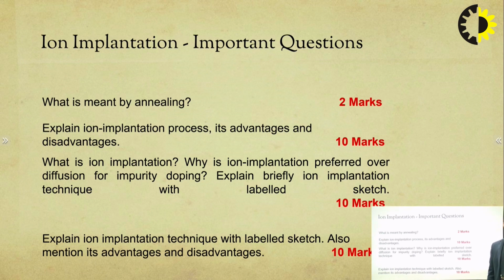Why is ion implantation preferred over diffusion? And explain briefly the ion implantation technique with a labeled sketch. Again, the question has been asked in a different way: explain the ion implantation technique with a labeled sketch, and also mention its advantages and disadvantages. So these are certain important questions from this topic.